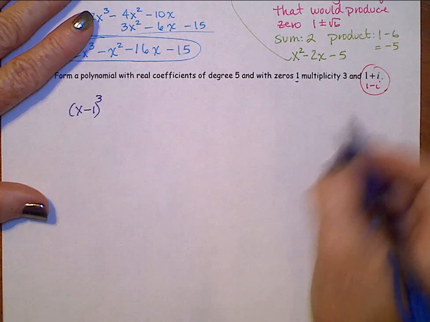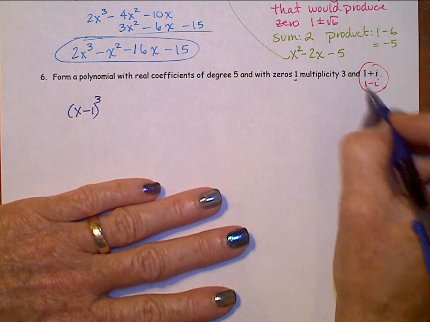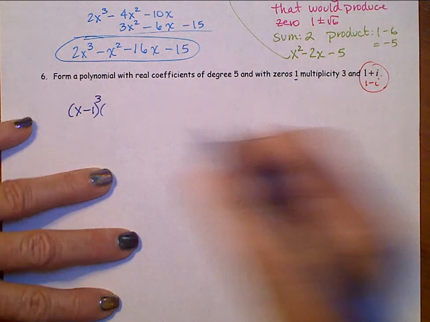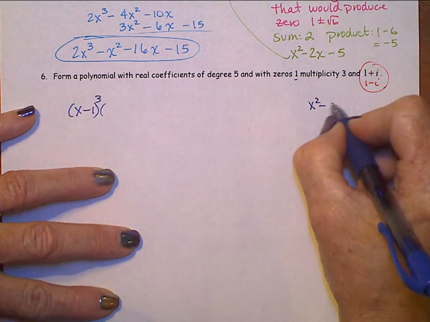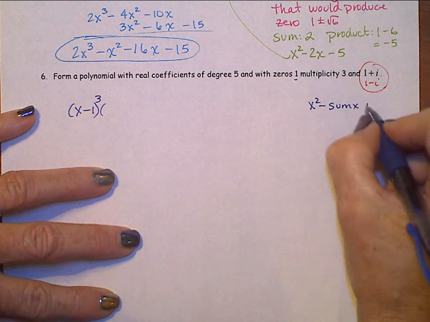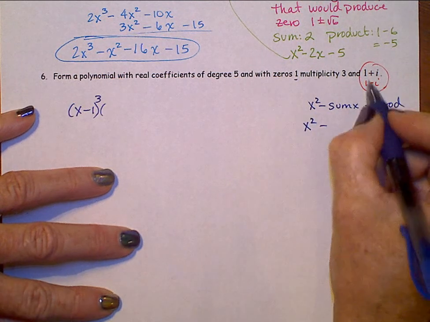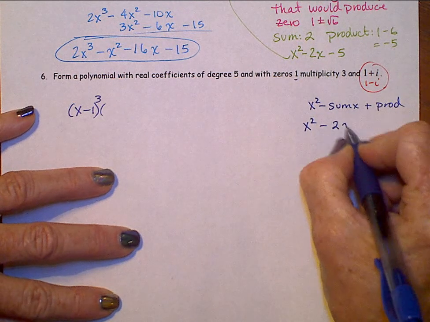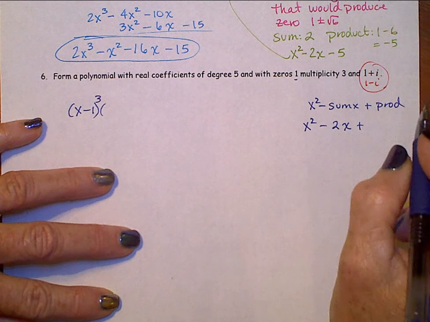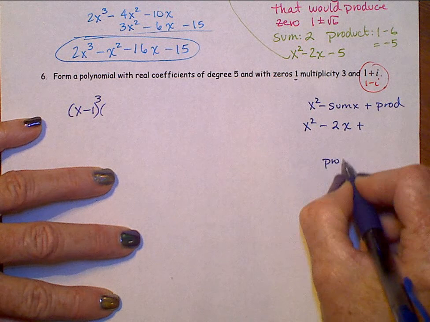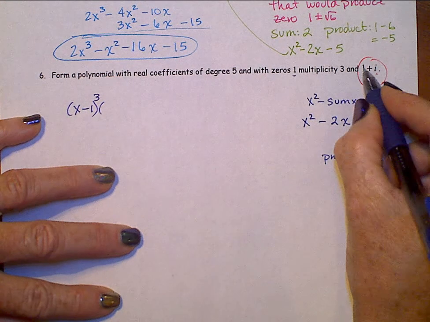Then let's get the quadratic for these two complex zeros. X squared minus the sum times x plus the product. X squared minus the sum, which is 2x, plus now the product. Ooh, I better go over here. Product is 1 times 1 is 1.